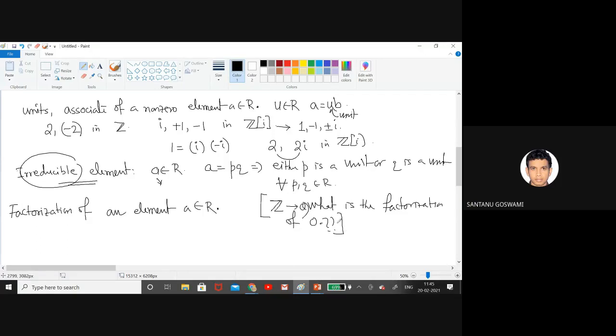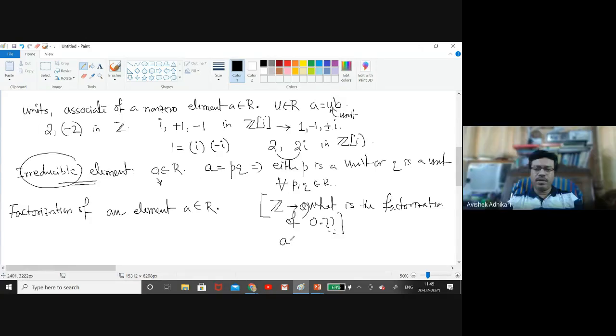A dot 0 for all a belonging to Z. Okay, so you say that is a factorization of 0 like this.